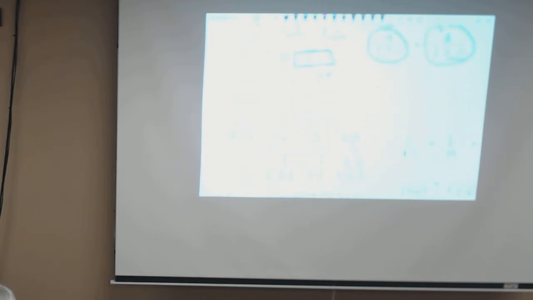Number 60. 1/12, 1/15, and 1/20. So I take 12 and get this, 15 get this, and 20 get this. So my least common multiple has to have 3 and 2 and 2 in it, has to have 3 and 5 in it, has to have 2 and 2 and 5 in it.